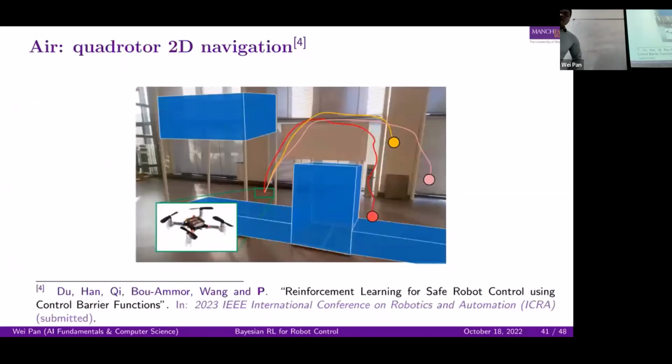So we try different things. The first, we try the 2D navigation. The idea is that we want the drone to fly from around this region to this region without colliding with the obstacles. This is difficult because the geometry of the obstacle is strange, so it's very challenging for the conventional path planning or motion planning algorithm.